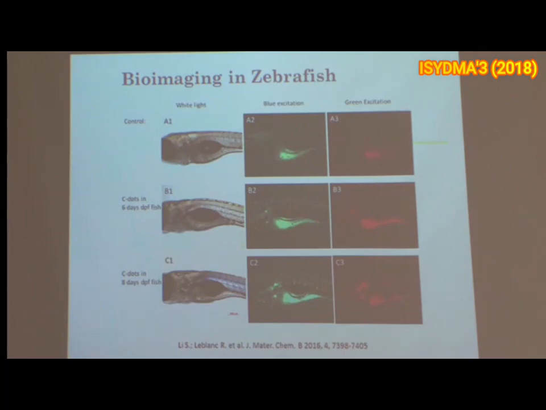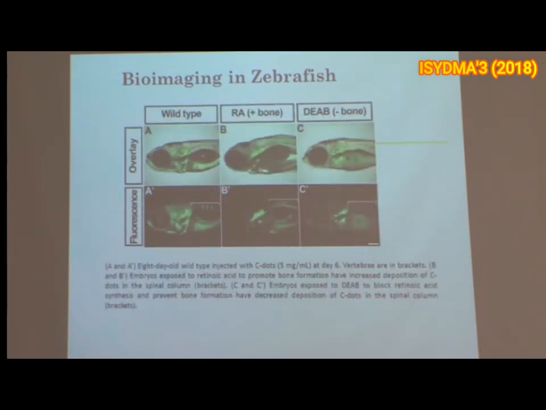And the question was to know, is it really specific for this type of carbon dot preparation? The answer is yes. Because if we use another preparation, we don't have the same view in terms of bioimaging. So for the wild type, if we look with the carbon dots we injected, we can see the bone imaging here.